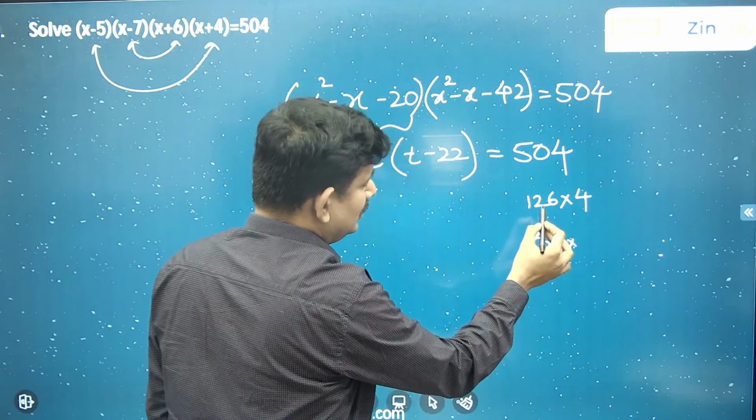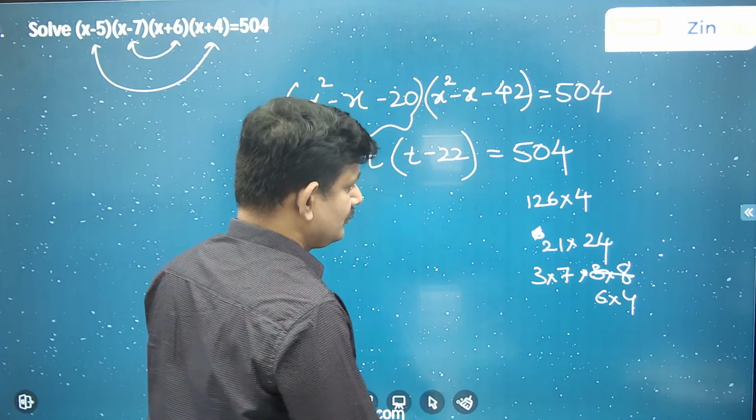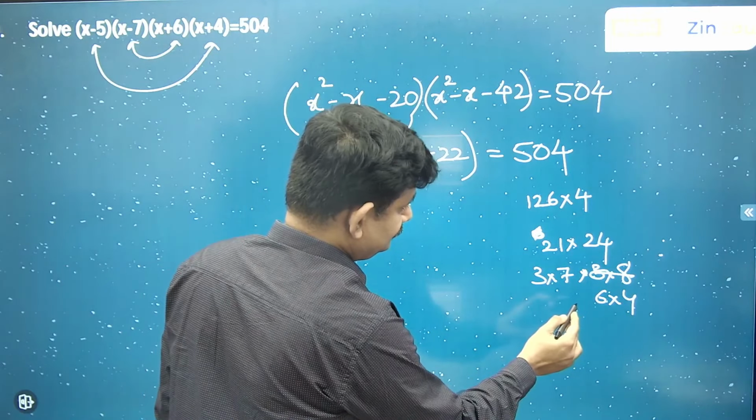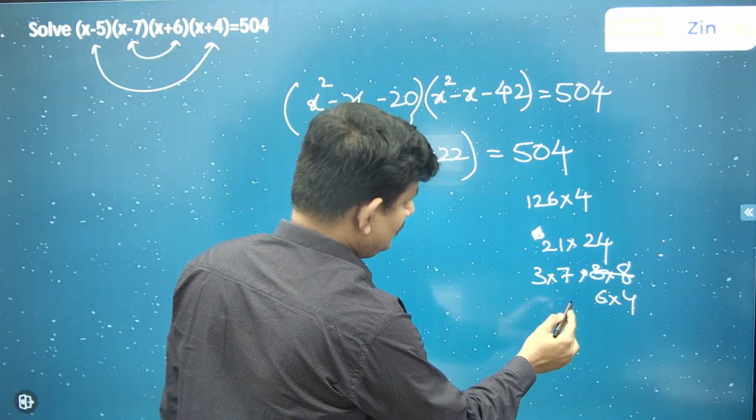These are the prime factors. Now you want two numbers whose difference is 22. So this is 3, 7, 3, 8, or 6, 4. Not very much possible.